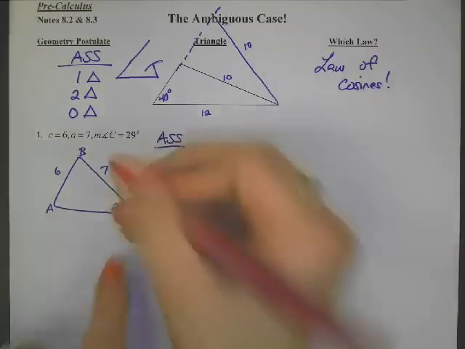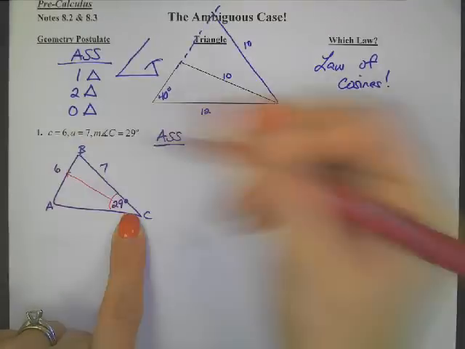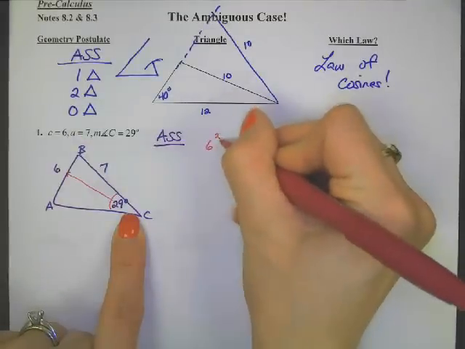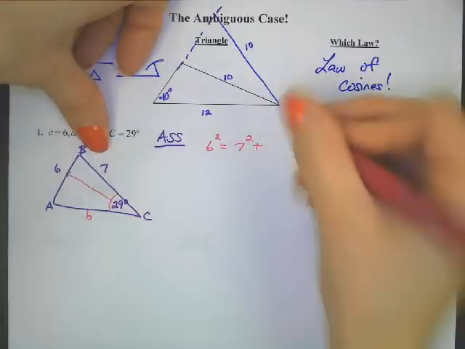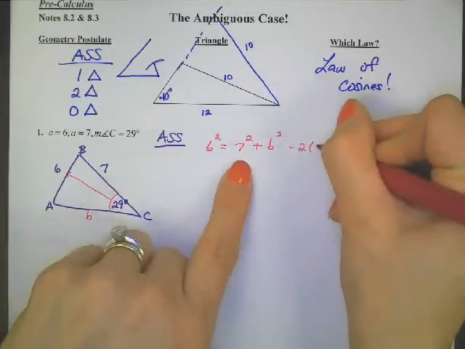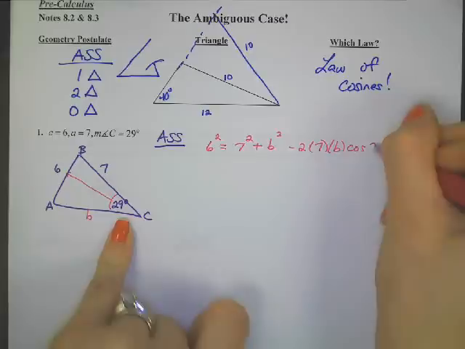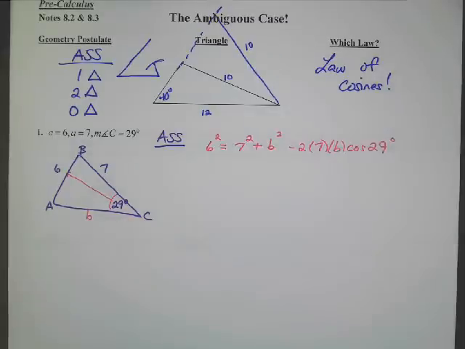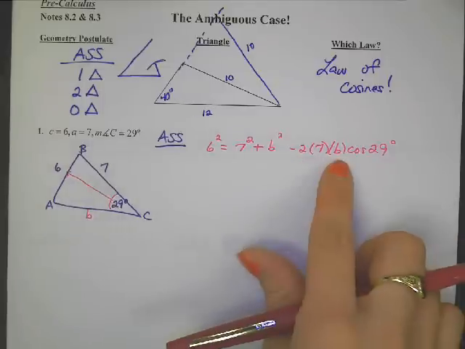Okay, since the angle determines how the law of cosines starts, we're going to have to start with the 6 squared equals the 7 squared plus the other side, which is little b squared, minus 2 times one of each of these, a 7 and a b, and the cosine of angle 29 degrees. So how are we going to solve this? I'm noticing that there's b squared and there's a b.